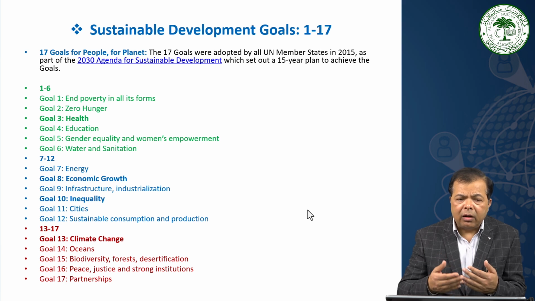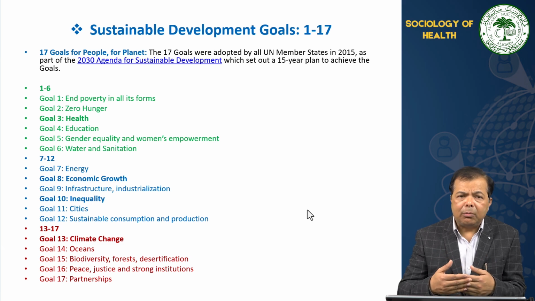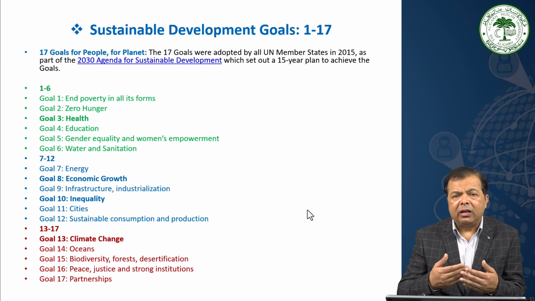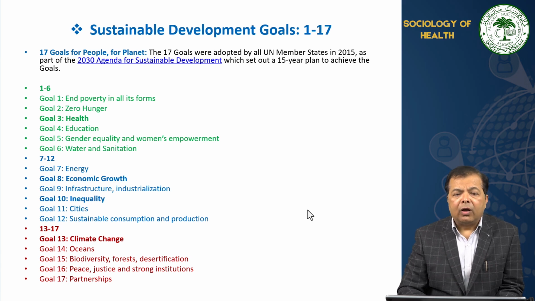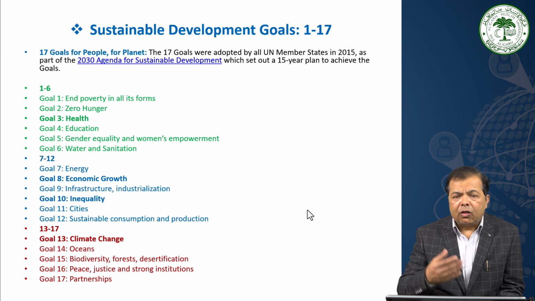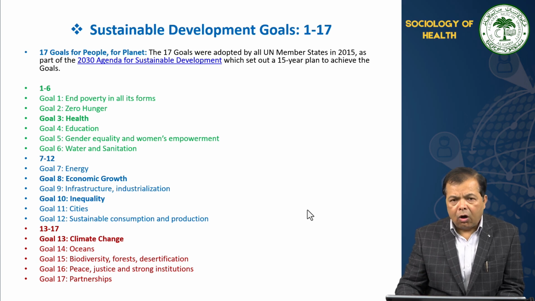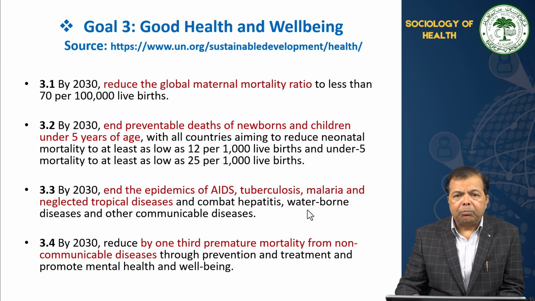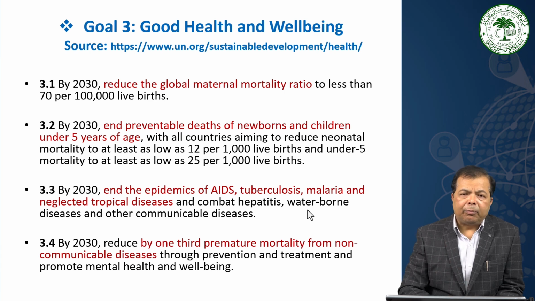So these are very important goals which talk about climate, which talk about sustainability, and all these 17 goals are interrelated, interconnected, and talk about the ways and the mechanisms by which we can ensure peaceful, harmonious existence on this planet. So we had a brief review of these 17 important sustainable development goals.